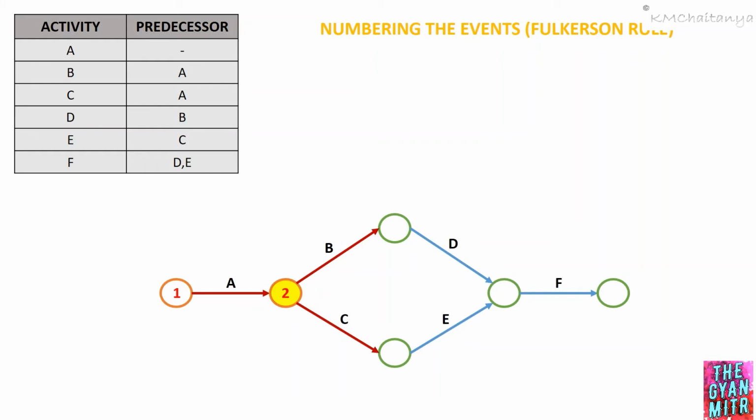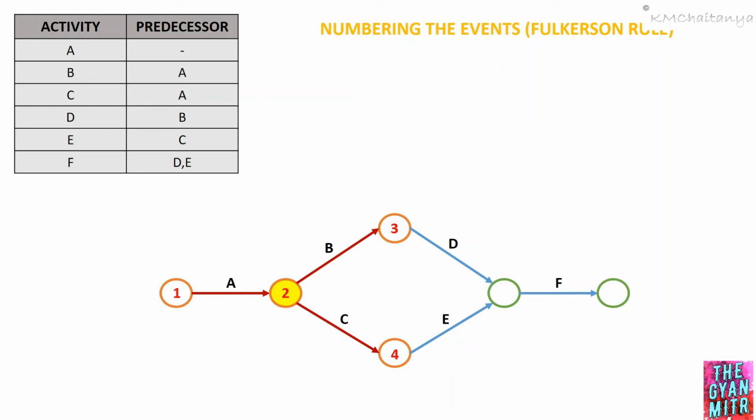By tracing these two activities, we are going to have two events. And please note here, these two activities are parallel activities. Therefore, we can number the event occurring after activity B as 3 and the event occurring after activity C as 4.